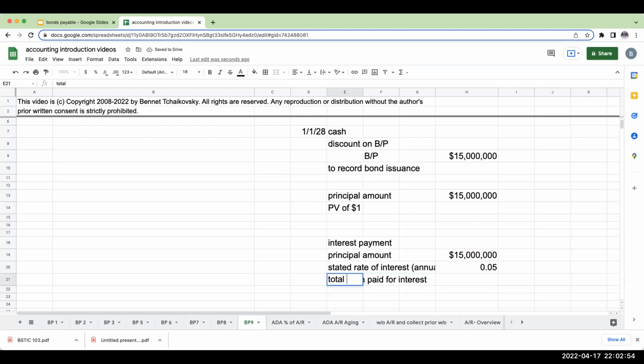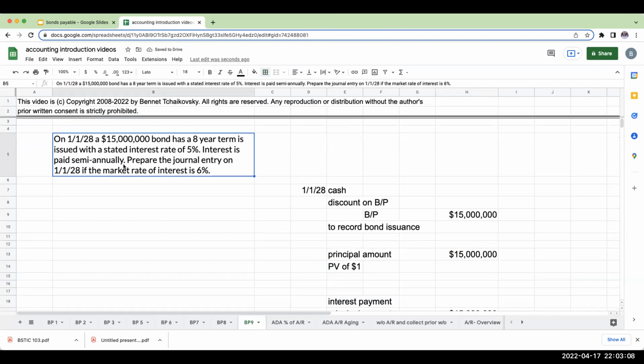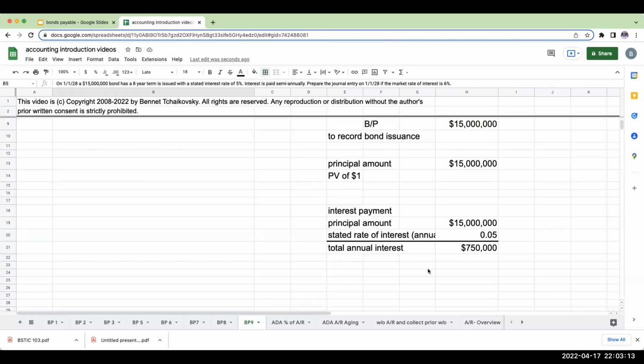My total annual interest is going to be 15 million times 5%. However, this is the annual amount. The interest here is being paid semi-annually, or twice per year.